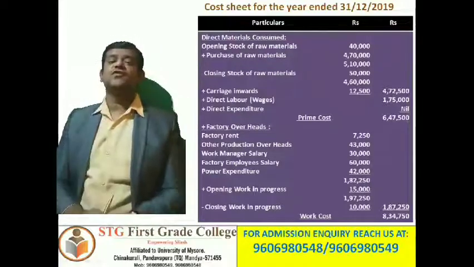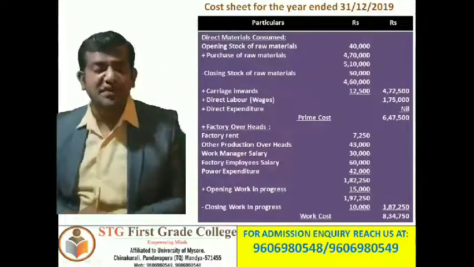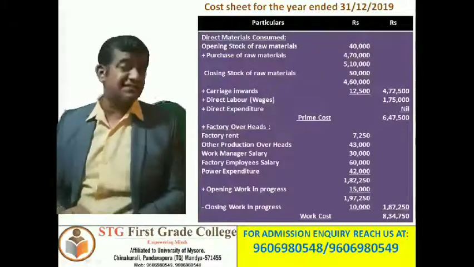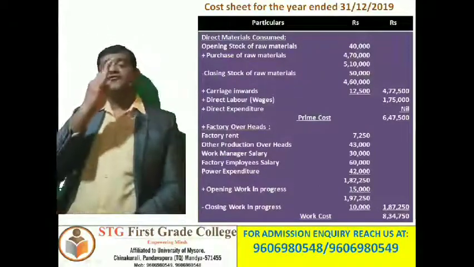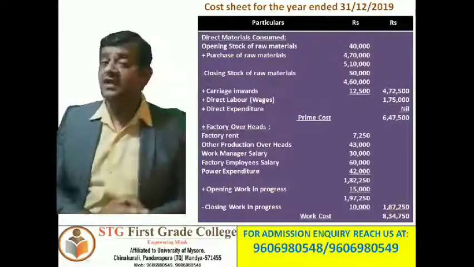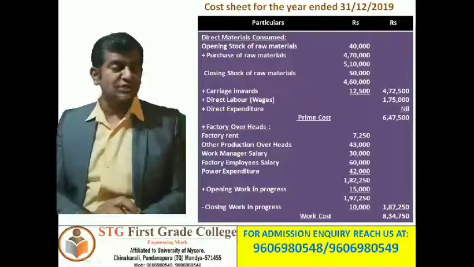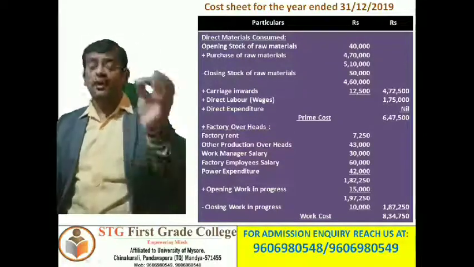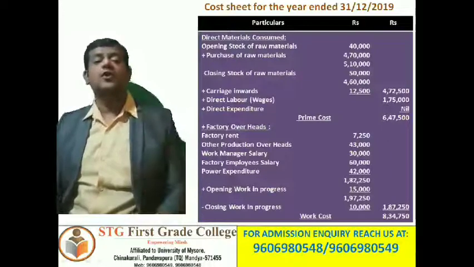Add purchase of raw materials. How much is the purchase? Purchase of raw materials is 4,70,000. So add 40,000 plus 4,70,000, and we are going to get 5,10,000.